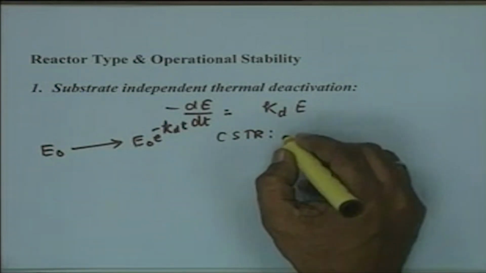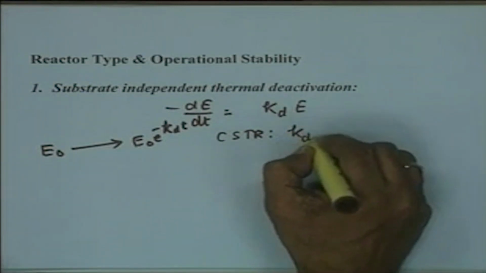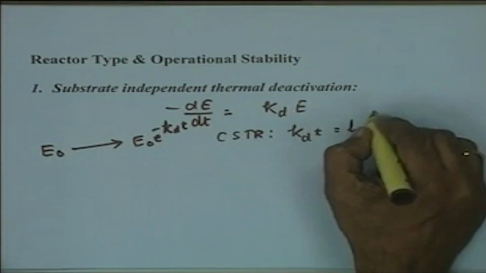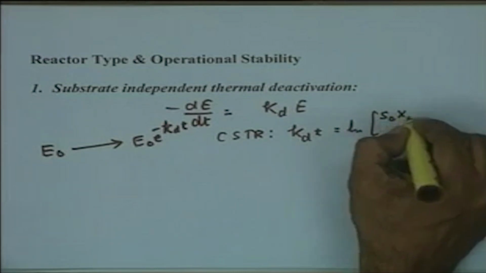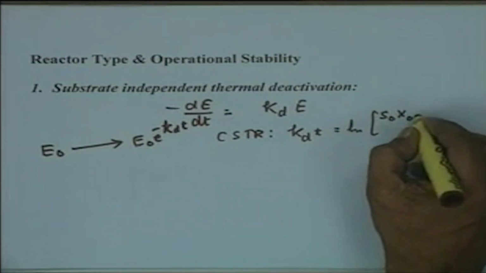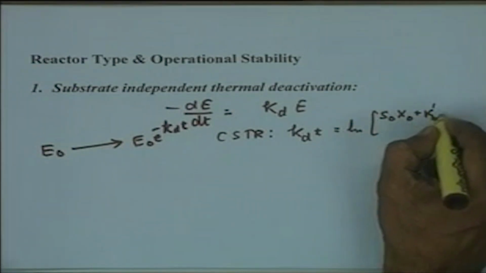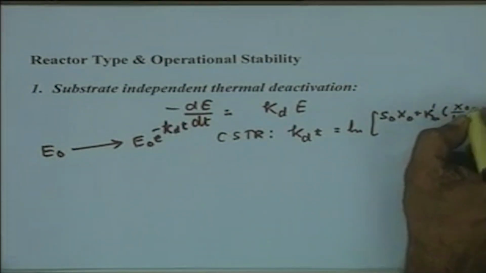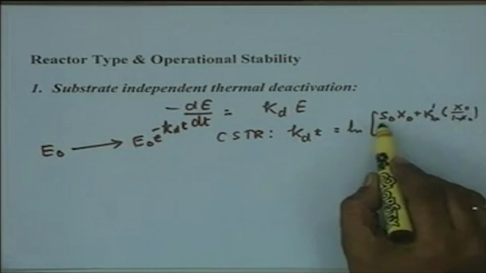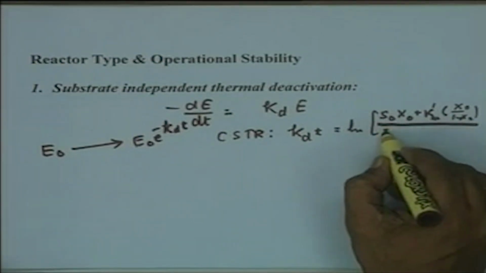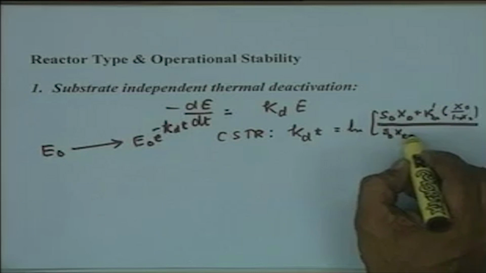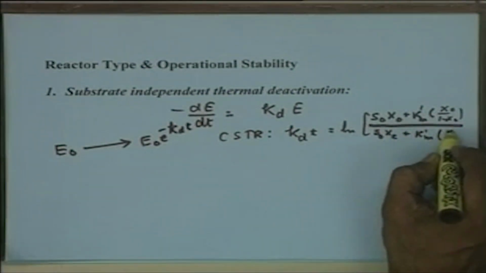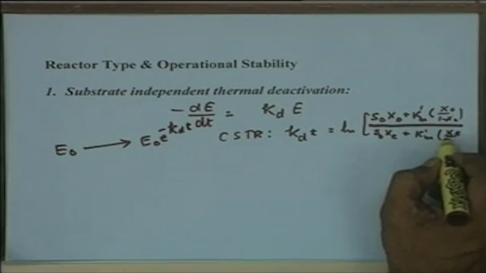In the case of CSTR, kd into t equals ln of [S0 x0 plus k'm x0 over 1 minus x0] divided by [S0 xt plus k'm xt over 1 minus xt].